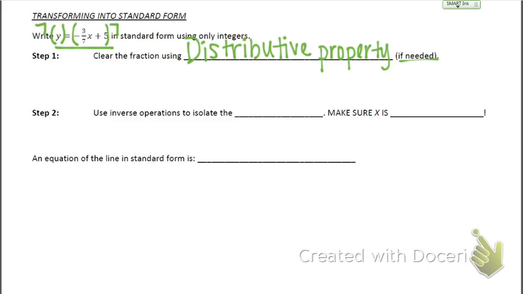So 7 times y gives me what, guys? 7y equals... this is the distributive property. So when I multiply negative 3 over 7 times 7, what happens to the denominator? It reduces. So we are left with negative 3x plus 5 times 7, which is 35.